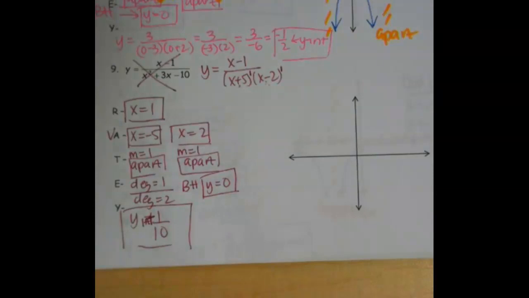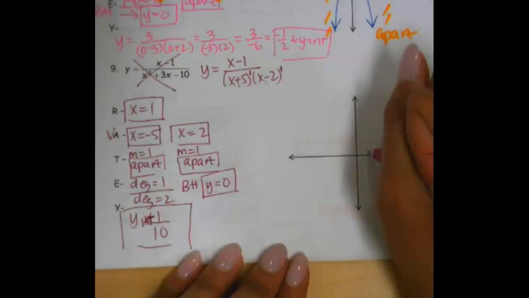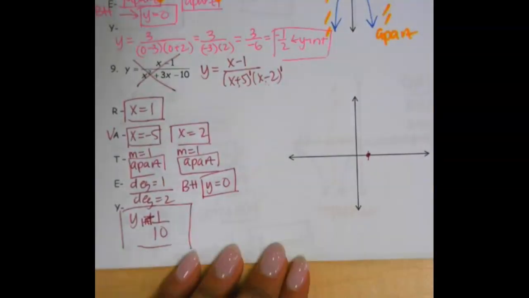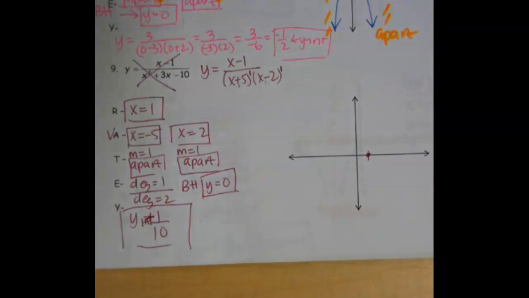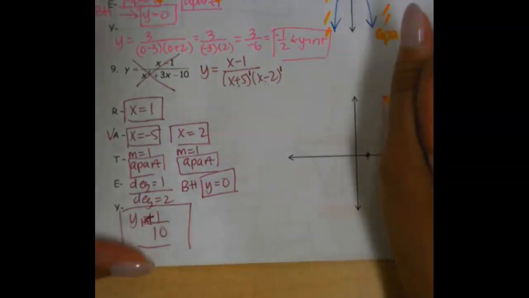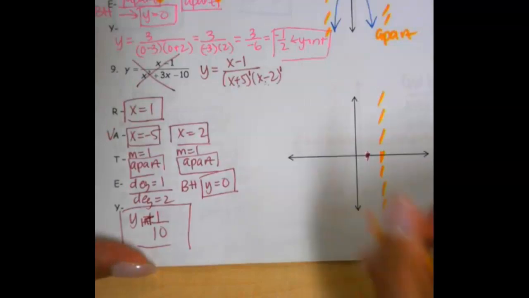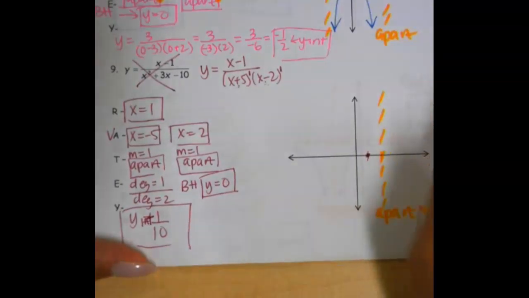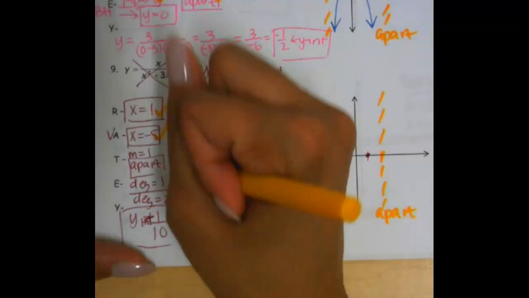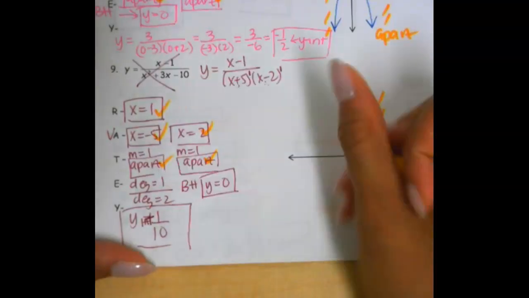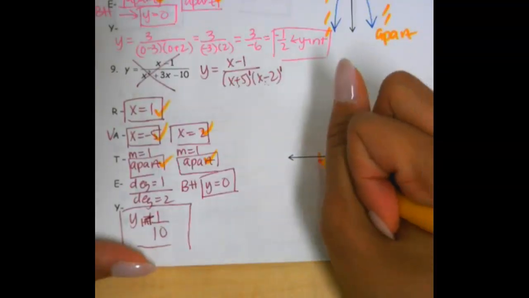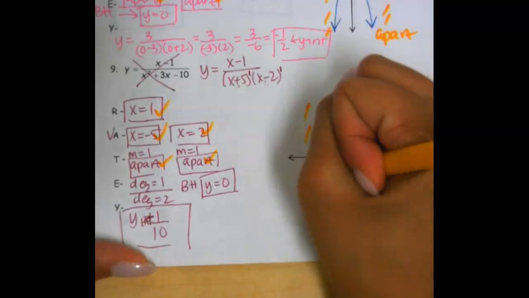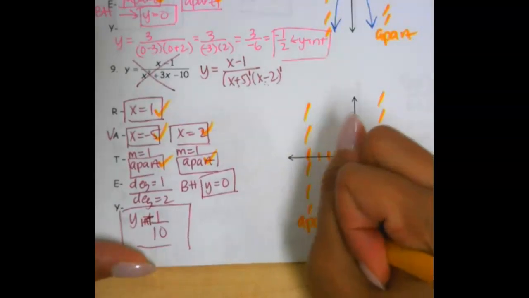Okay, let's graph what we have. At positive 1, we have an x-intercept. At positive 2, we have a vertical asymptote. And I'm going to label apart. I'm checking everything off, but I haven't finished it. At negative 5, we have another vertical asymptote, and this is apart.